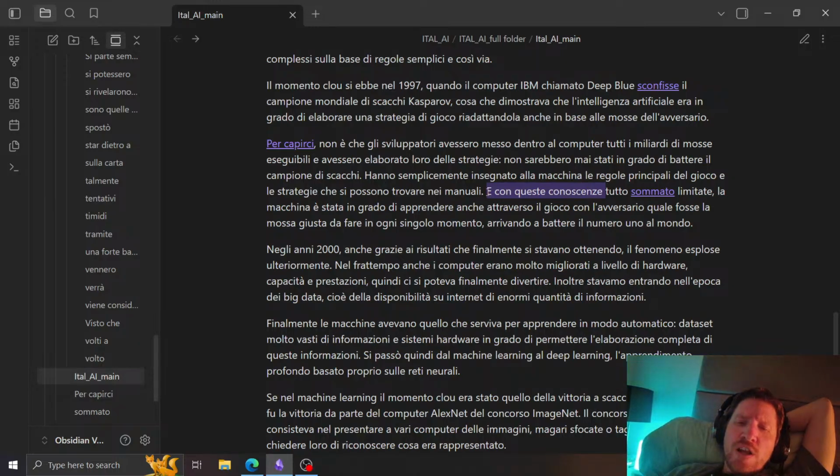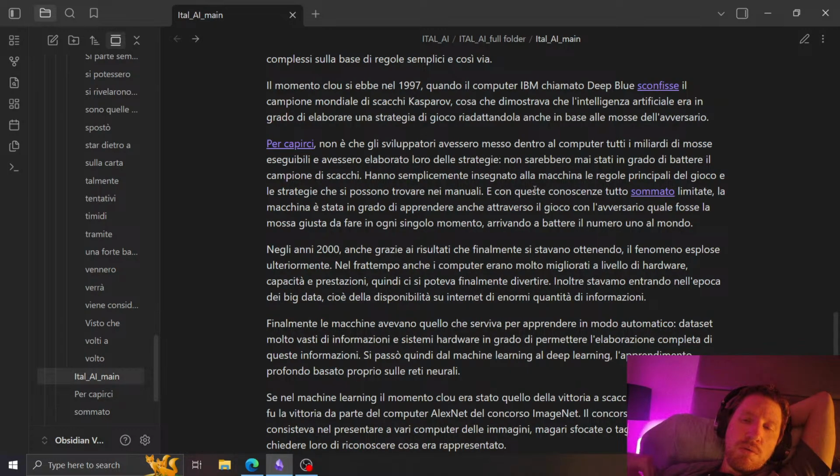Ok, la frase completa è: e con queste conoscenze, tutto sommato limitate, la macchina è stata in grado di apprendere anche attraverso il gioco con l'avversario quale fosse la mossa giusta da fare in ogni singolo momento, arrivando a battere il numero uno al mondo.